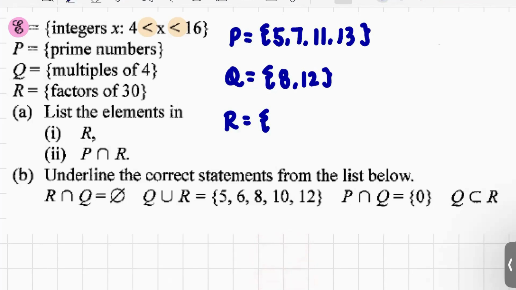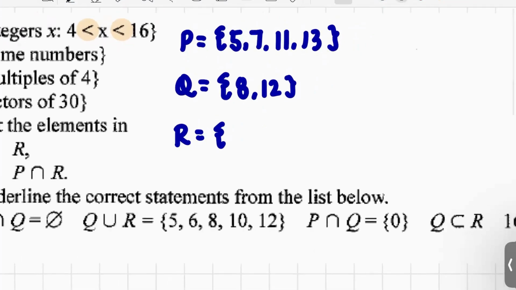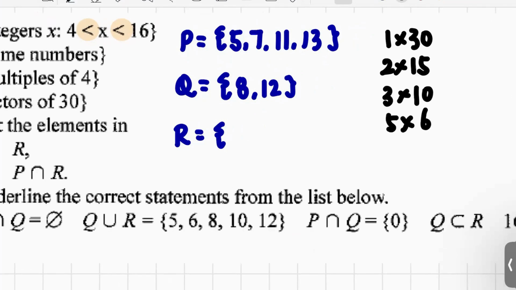I'm going to write that down, because if not, I will make a mistake and write 1 and 30, which shouldn't be the case because it's non-inclusive. 3 times 10, 5 times 6. So we start from 5: this is 5, 6, 10, and 15.